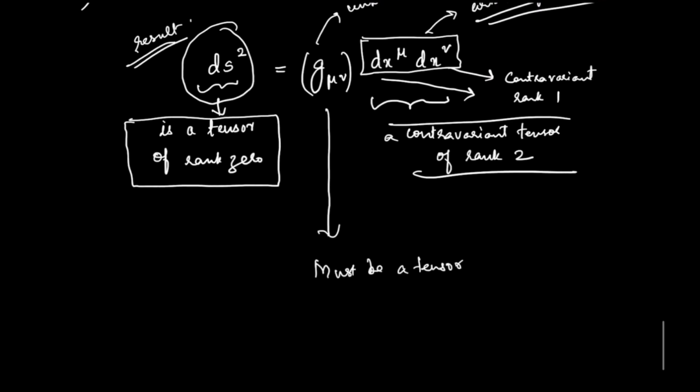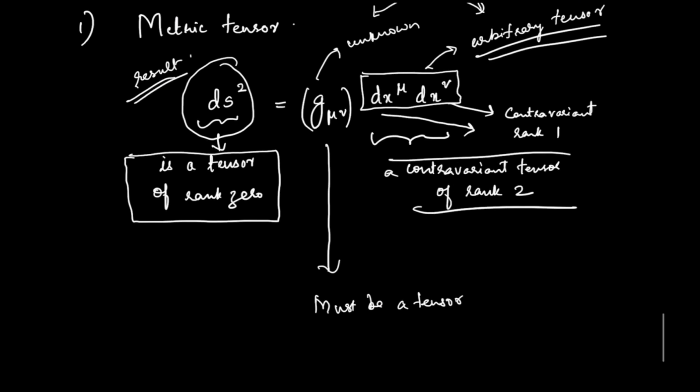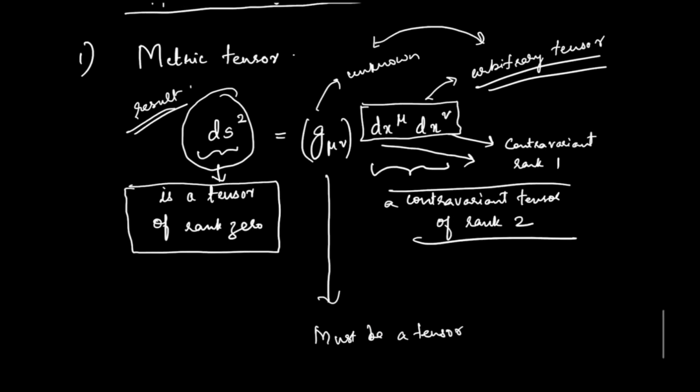Right? And now we know that from quotient law, g mu nu must be a covariant tensor of rank 2. Only then can I take the inner product, because we have to equate one covariant index to another contravariant index.